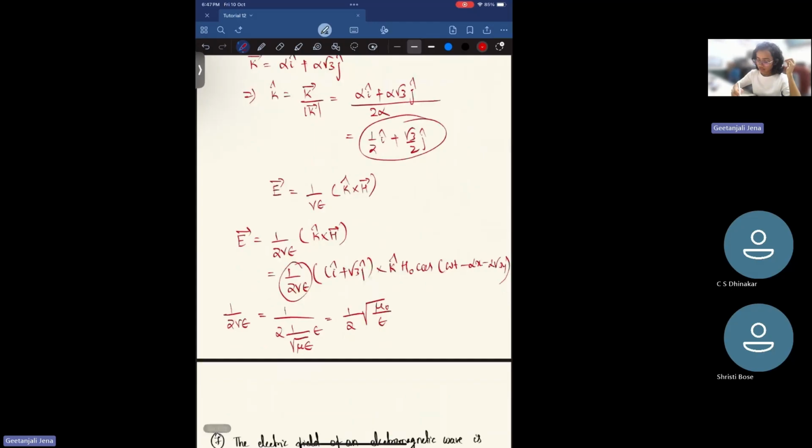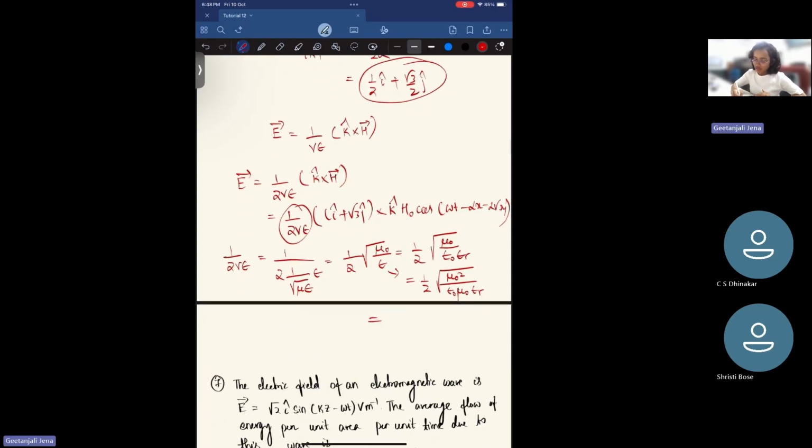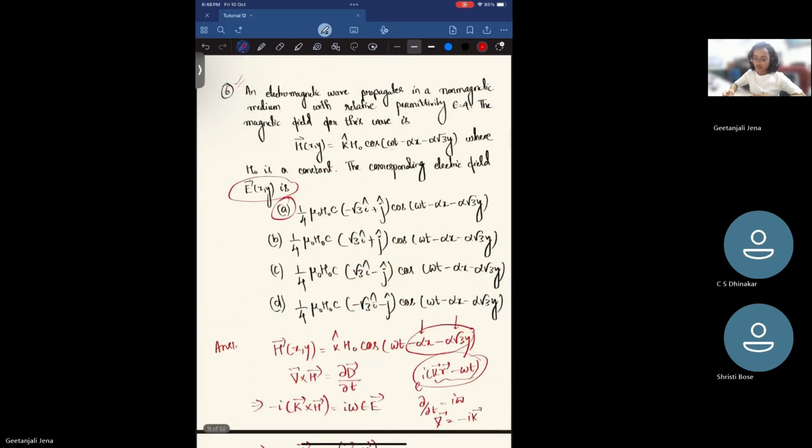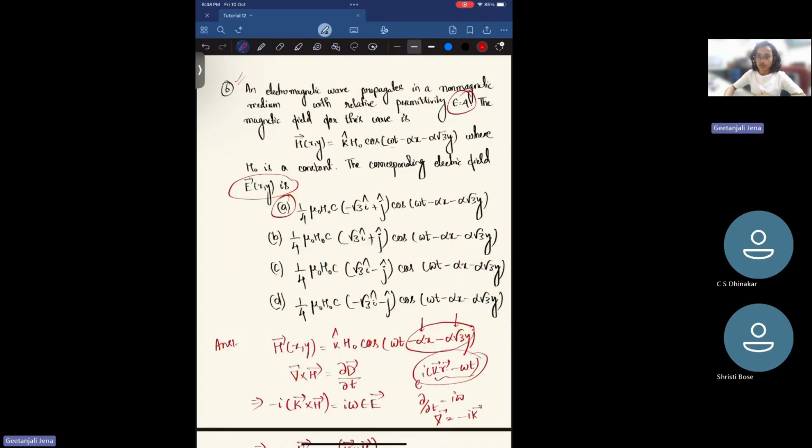C is there, so I think we need to... So epsilon, this you can write it as, and this is mu naught by 2, 1 by square root epsilon mu naught is C, and 1 by epsilon r is given, it is 4.